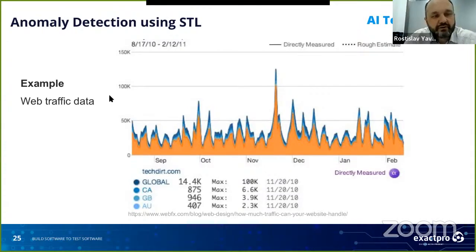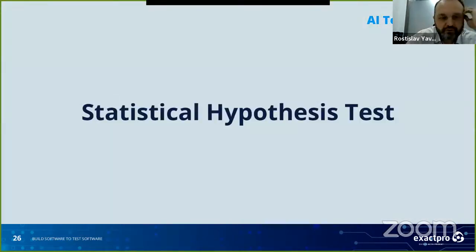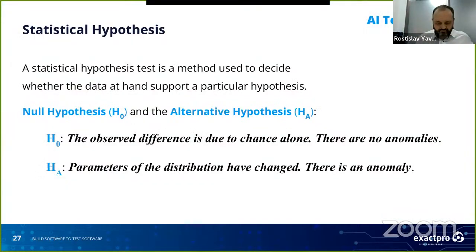Okay, still have some time. Let me switch to the final section of our lecture today. It's about statistical hypothesis testing. So the idea is that for statistical methods, working with hypotheses and parameters is quite a well-known technique.